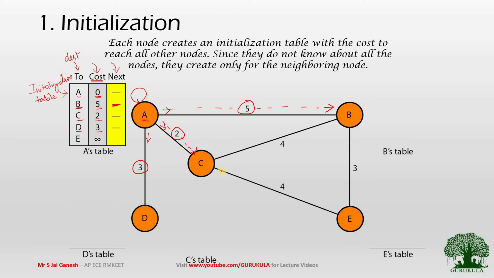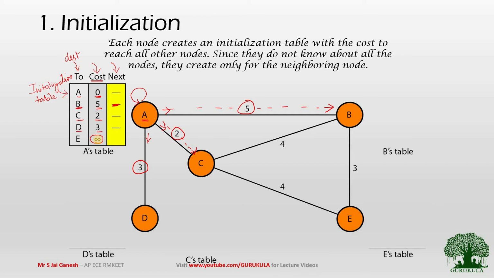A does not know how to reach E because it has not yet calculated the shortest path to the destination E node. So as of the initialization stage, the cost to reach E is mentioned as infinite, which means that at this stage A cannot reach E. That is the meaning of this infinity. The same principle will be applied for all other remaining nodes in the network, and this initialization table will be created at each and every node.